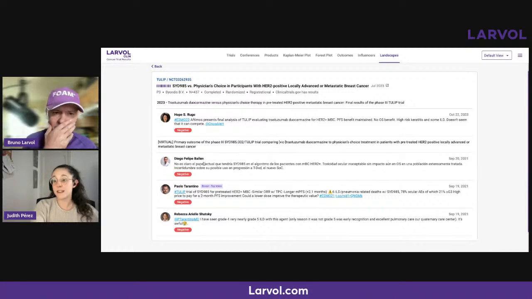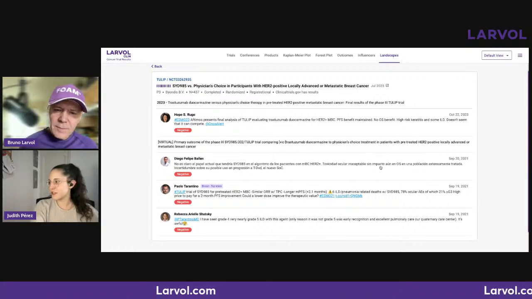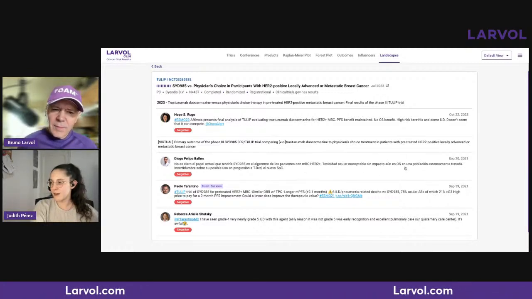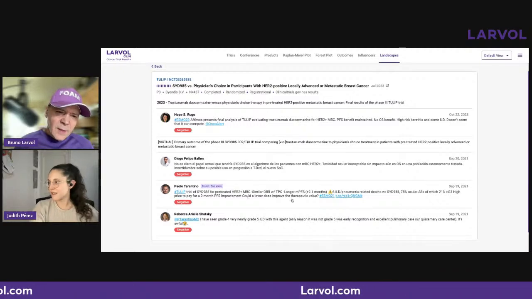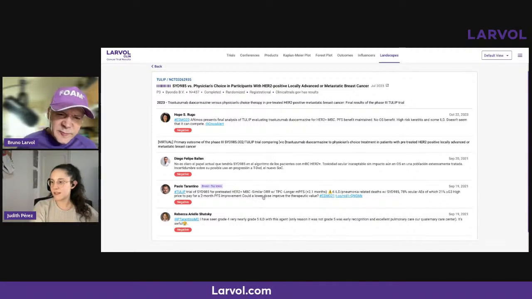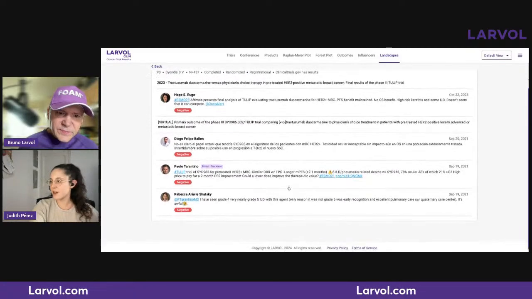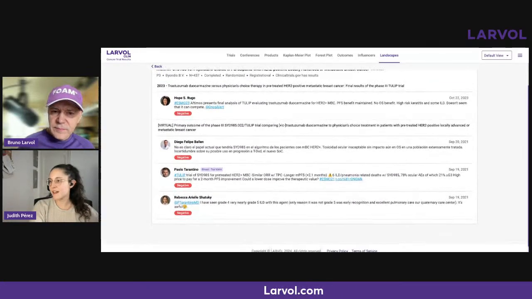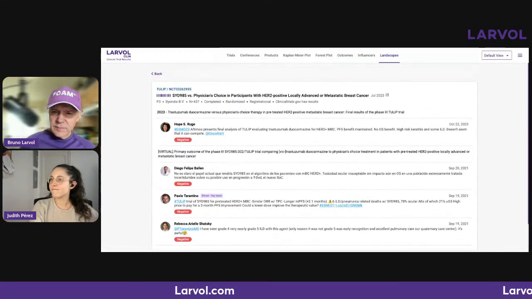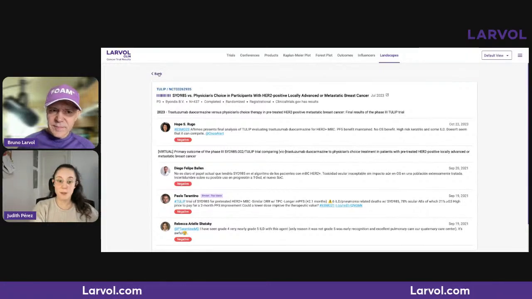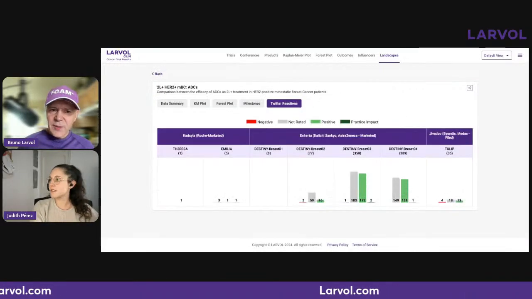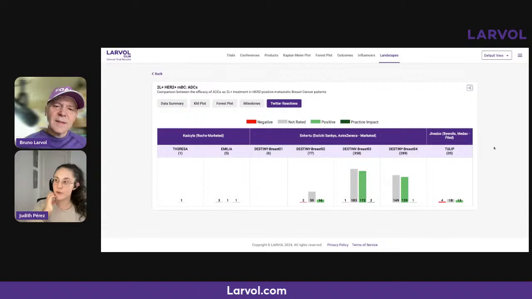So yes, indeed, this one is in Spanish. Yes, no OS impact. Like all around, even though PFS was met, the OS did not meet its expectations. So probably that's why it's been on hold. Understand. And the FDA has not approved it.